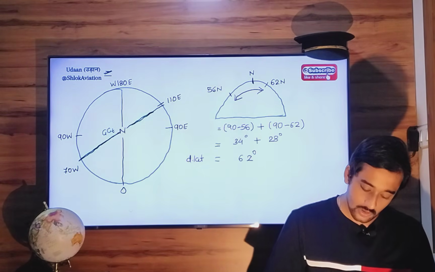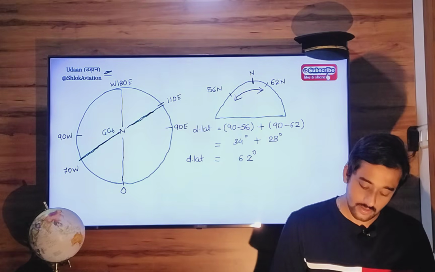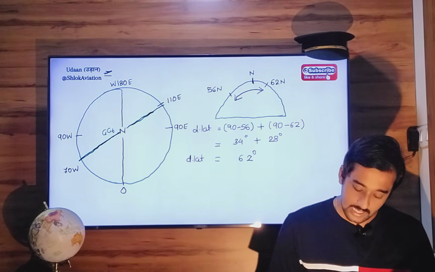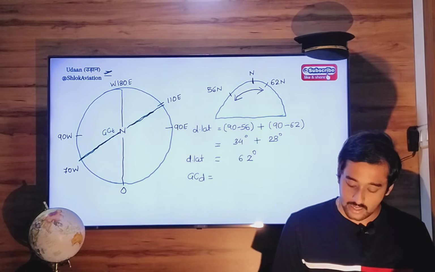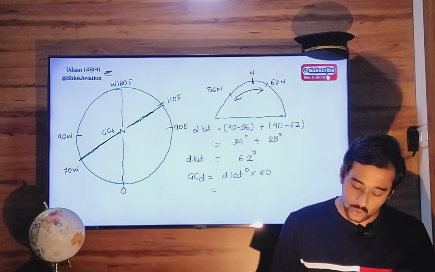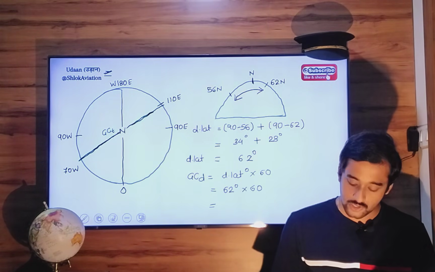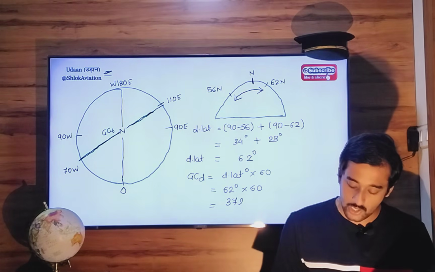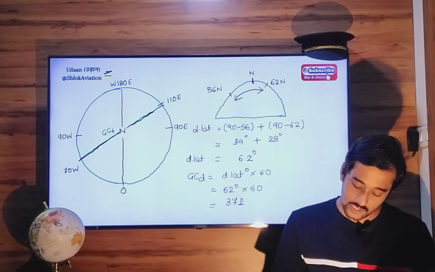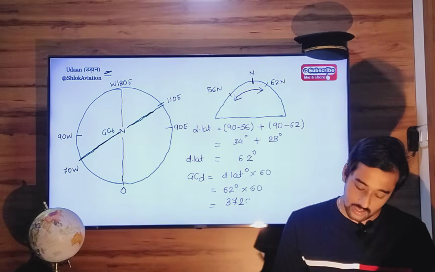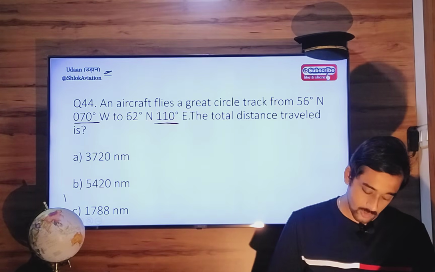So great circle distance will be d lat multiplied by 60. So 62 degree multiplied by 60 equals 3720 nautical miles. Option alpha.